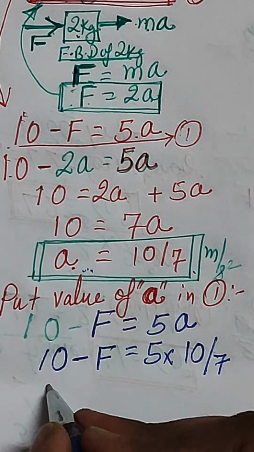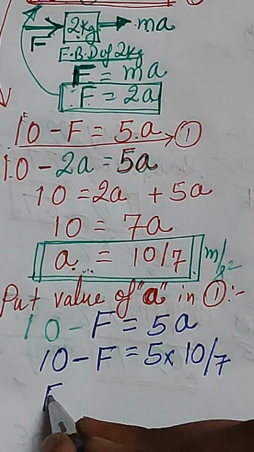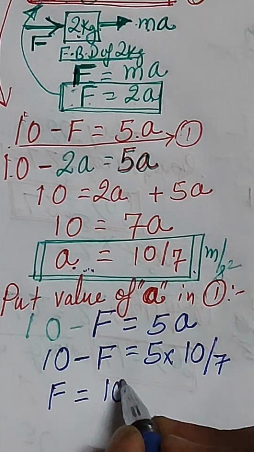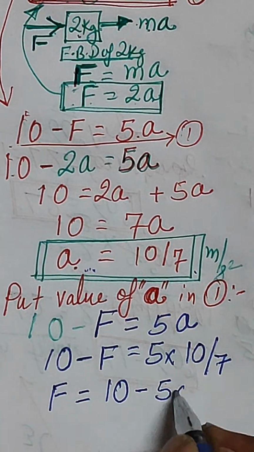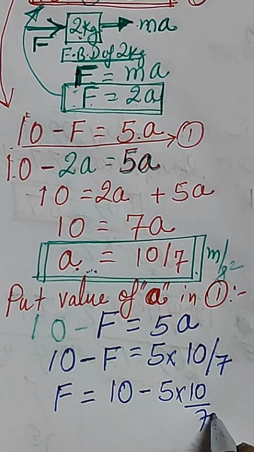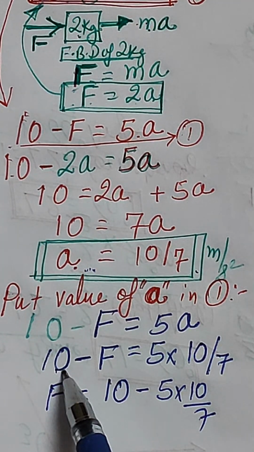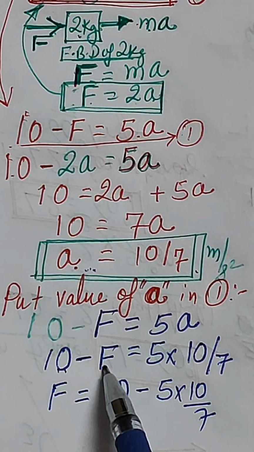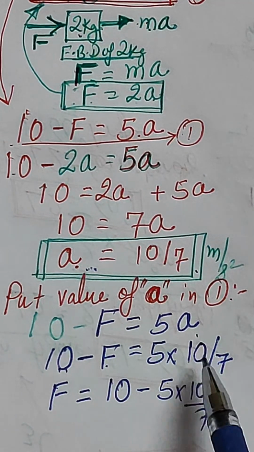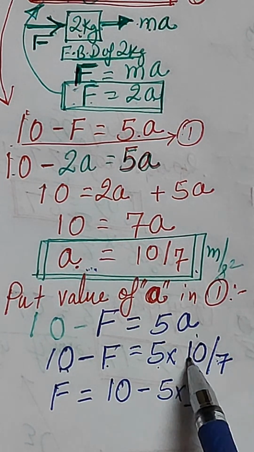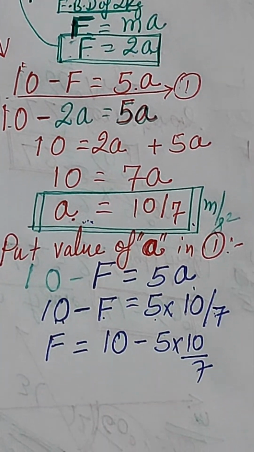So F will be equal to 10 minus 5 into 10 by 7. We just brought this 10. Now we leave this 10 on the LHS, push this force from LHS to RHS, and bring the constant term 5 into 10 by 7 from RHS to LHS, right?